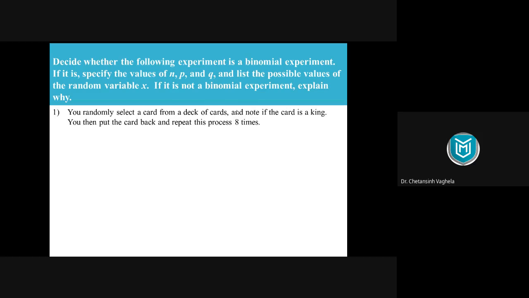Look, this is the question. This is the situation. You randomly select a card from a deck of cards. Suppose you have a pack of 52 cards in front of you.